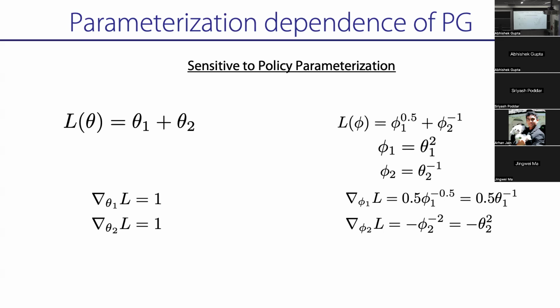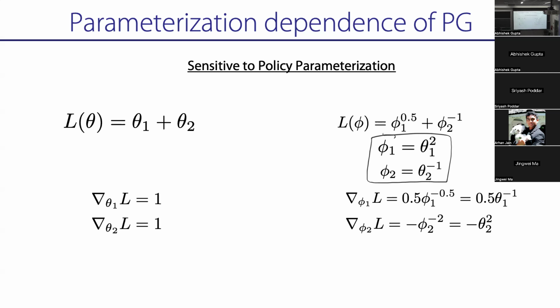This is the basic derivative. But when you convert them back into how the thetas change, the thetas didn't change by 1 and 1. I just changed the parameterization. It didn't change the expressivity of the problem or anything else, but it massively changed what the gradients look like.